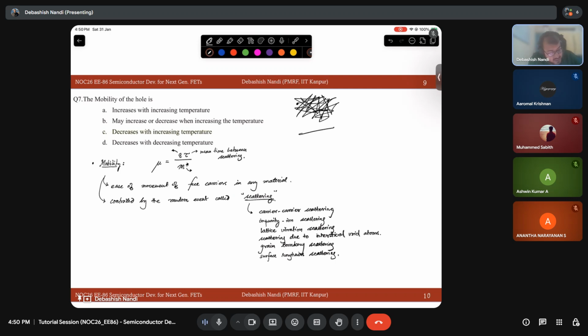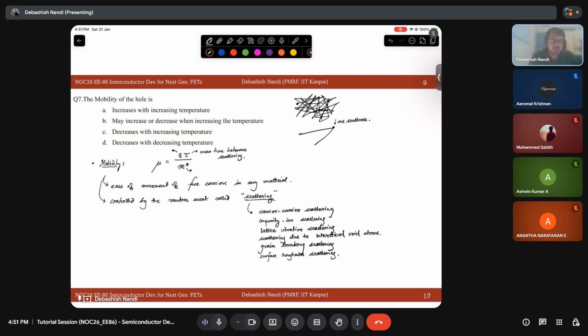So at each point where it is changing its direction, it encounters one scatterer. Okay, this is when we do not have any electric field applied to it. So it is just moving around with some random thermal velocity.